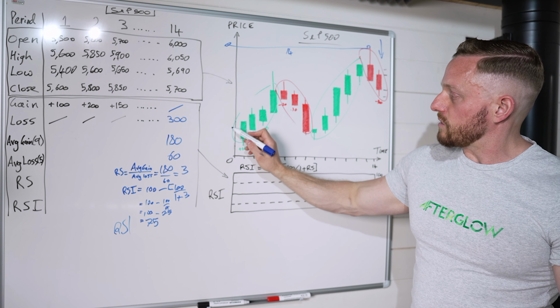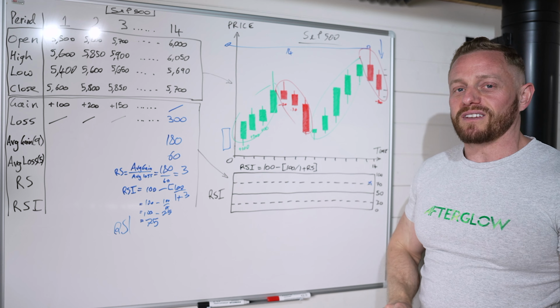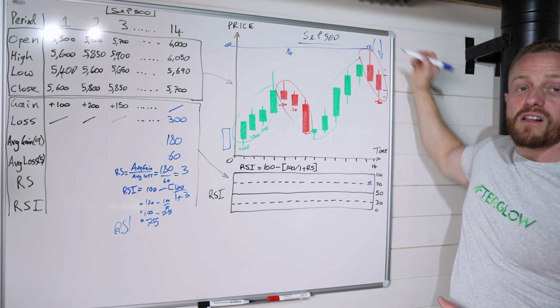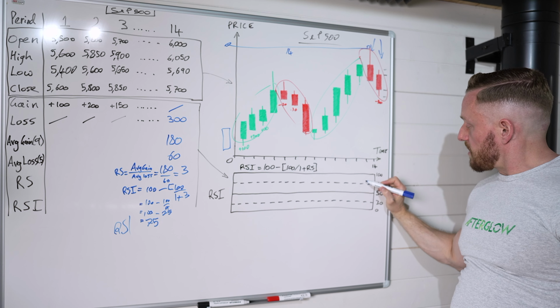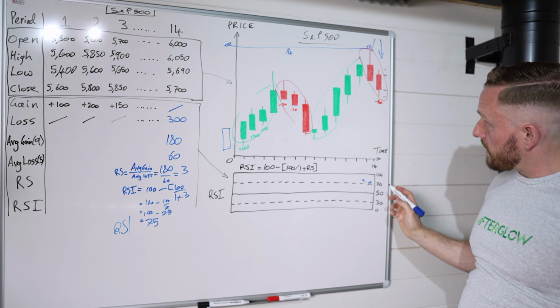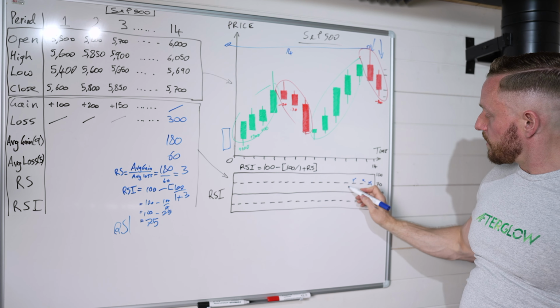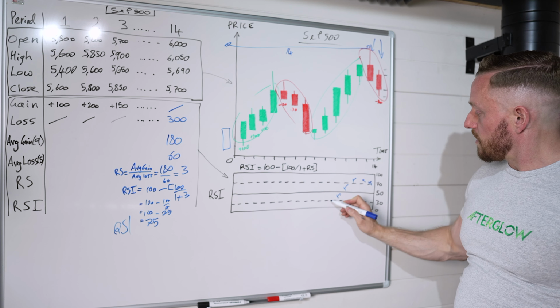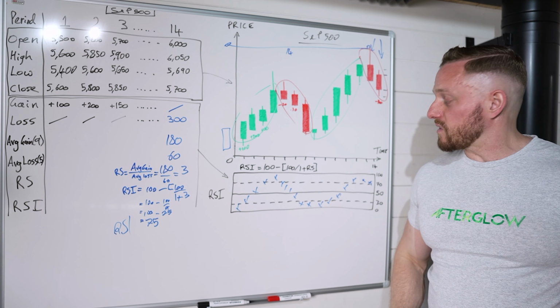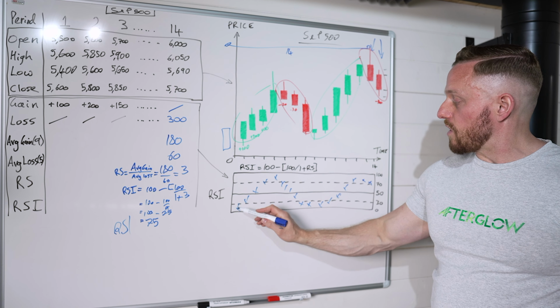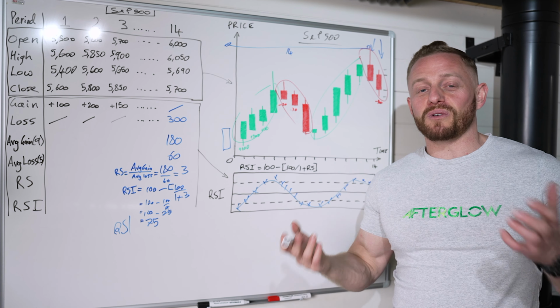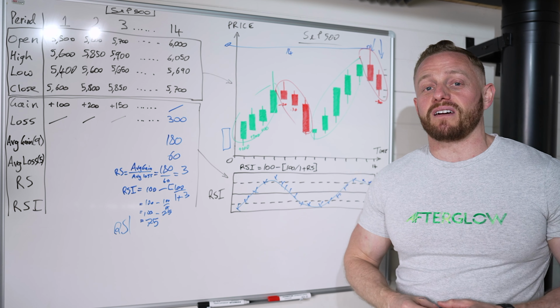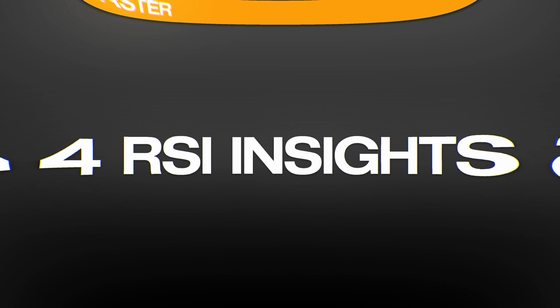So you'd actually have to go back to the previous candle here when you were working out that one. And then you would plot the next value, which might be, say, 78, okay? And so on. So you plot these like this, and then the RSI line just connects all those RSI values, and there you have your RSI line, and that's how it's calculated. It's as simple as that.